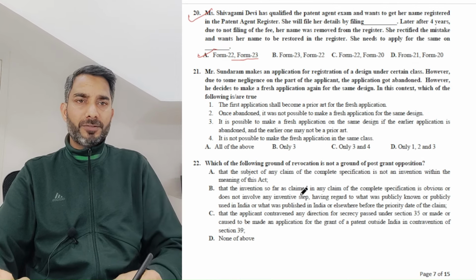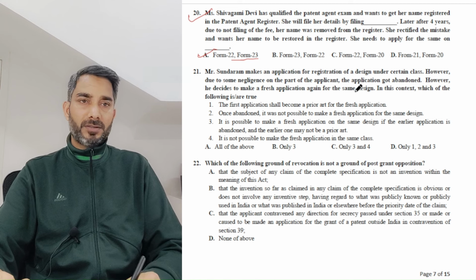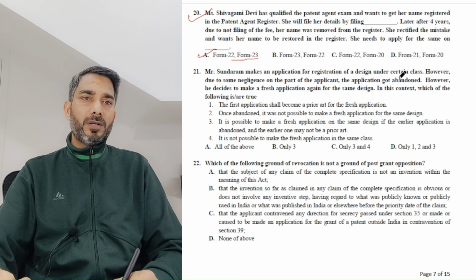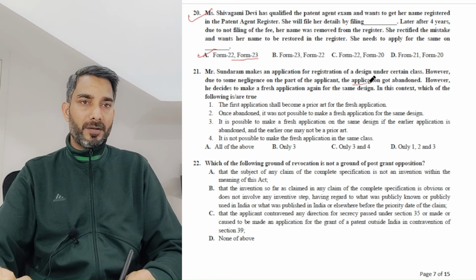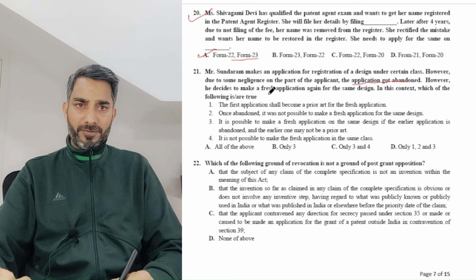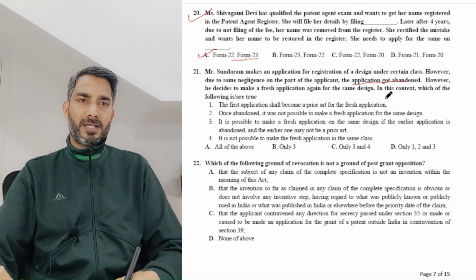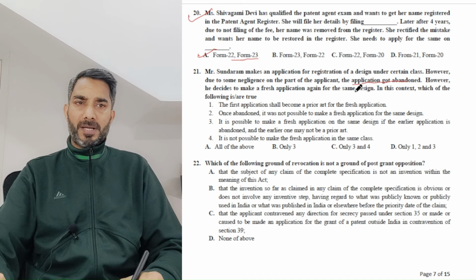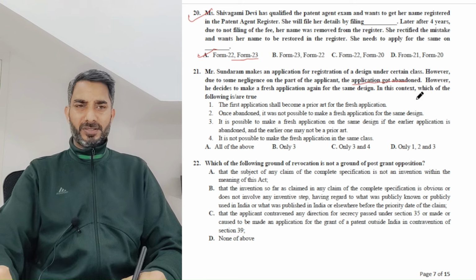Sundaram makes an application for registration of a design under a certain class. Okay. So one application per class. Some negligence on the part of the applicant. The application got abandoned. However, he decides to make a fresh application again for the same design. In this context, which of the following is true? The first application shall become a prior art for the fresh application.